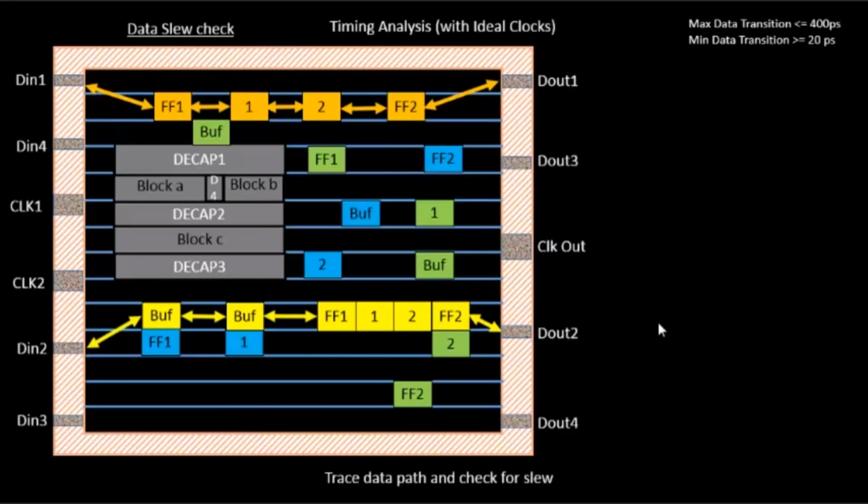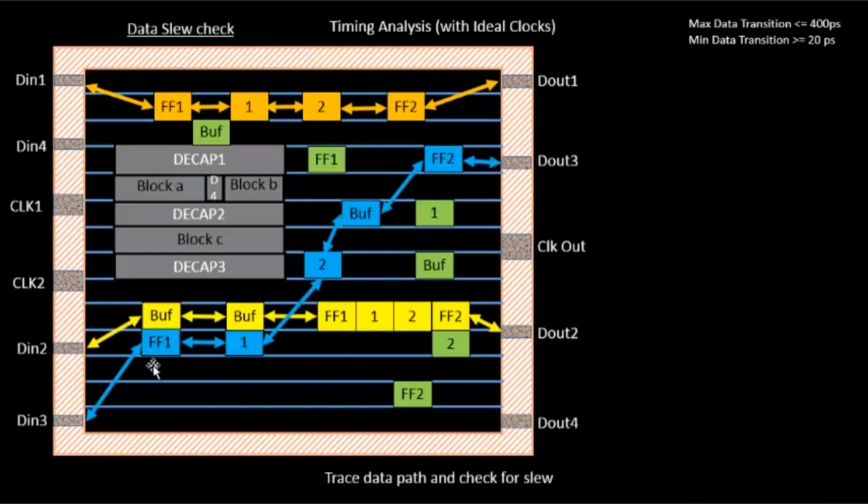Okay, so since we have understood the data transition values, across each and every tap point we pick up the data transition values, we check them against these values, and this check happens at a placement stage itself, so that we don't miss anything. Okay, so at least we have placed sufficient amount of buffers so that at this stage we don't see any transition violations.